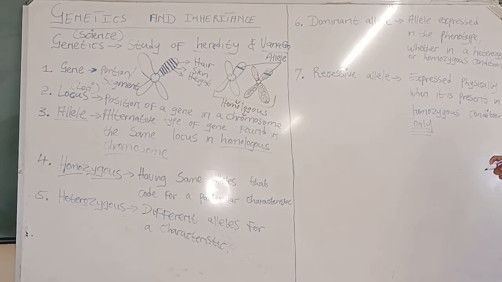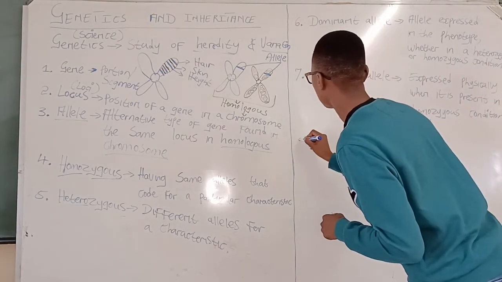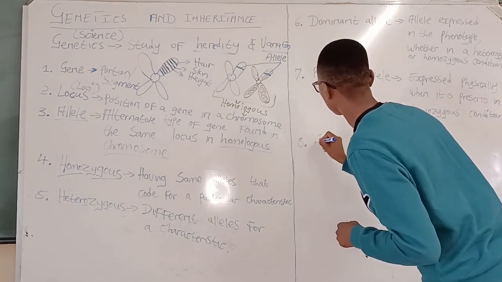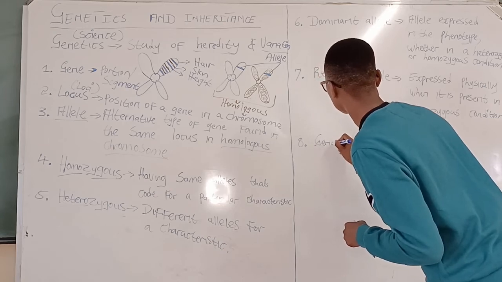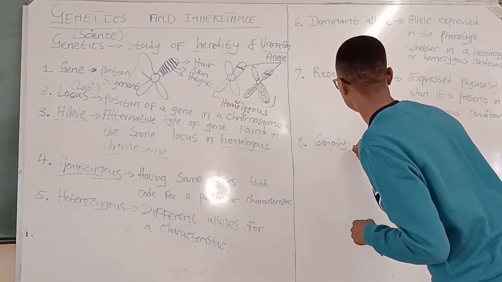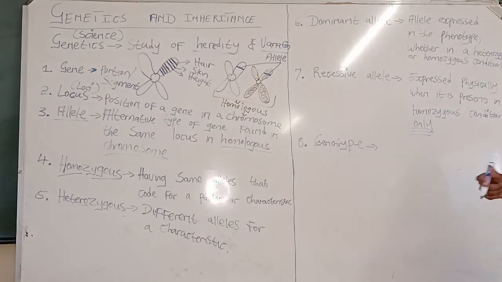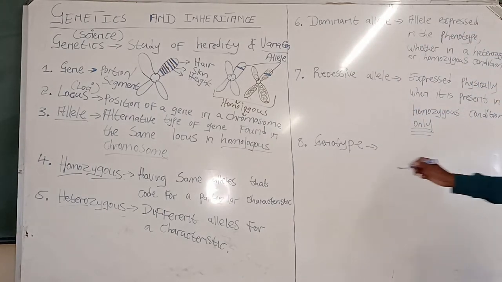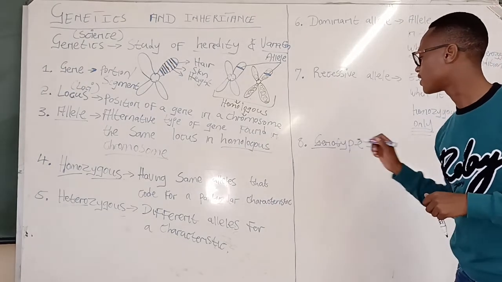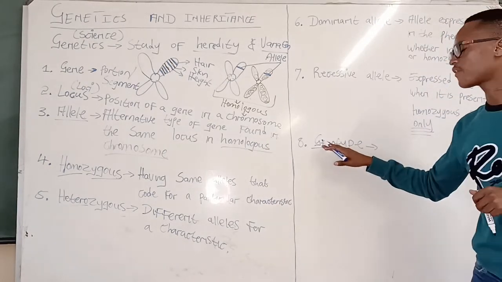Okay, and then another terminology that we have to know is genotype. So we want to know what a genotype is. You can see that it has "geno" here, which means it was derived from gene.